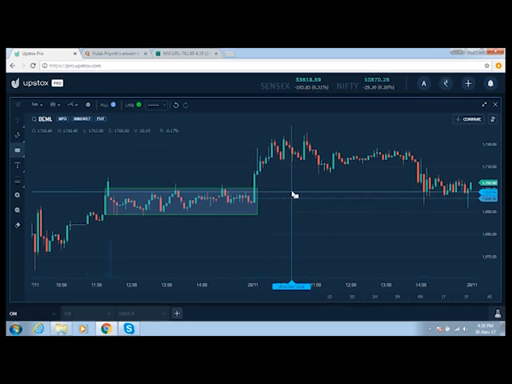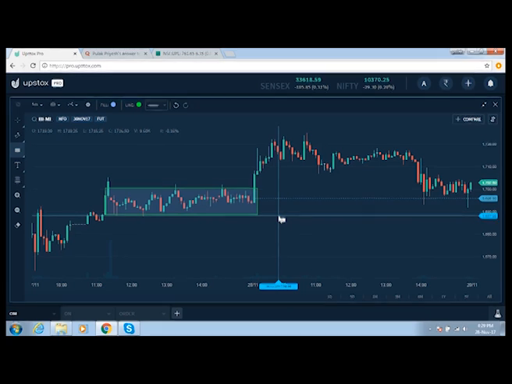Okay, so now let's calculate one thing. From the immediate resistance to the immediate support, the difference between both the points. The resistance is 1700. It's forming a support at 1688.64.